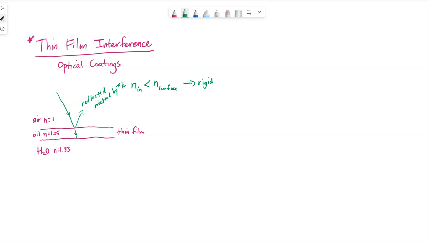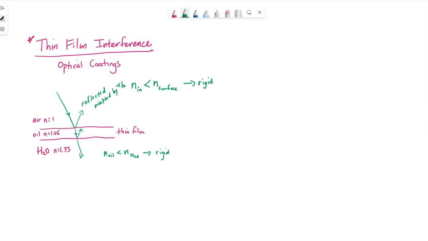The light that was transmitted and continued in the oil, when it reaches the water level, this is another surface. Some of it will be transmitted, will continue into the water, but some of this will be reflected. Since N of the oil is less than N of the water, this is considered a rigid surface. And so this light ray is inverted as well.